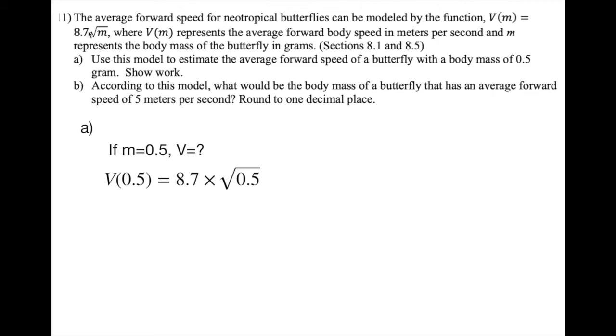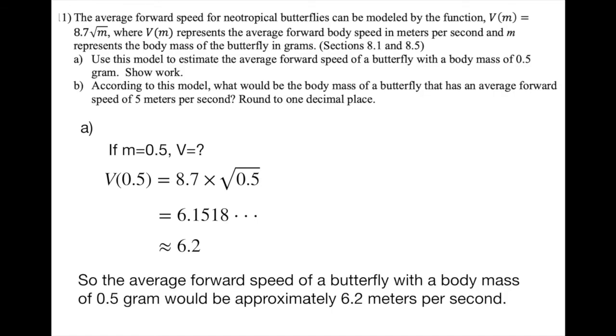You can plug into your calculator. It will tell you the answer is 6.1518 and so on. If round to one decimal place, that would be 6.2. Because this digit to the right is 5, so you need to round up. So the conclusion is average forward speed of a butterfly with a body mass of 0.5 gram would be approximately 6.2 meters per second. Again, don't forget to add your units here. That's part A.